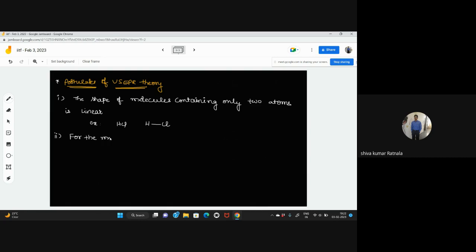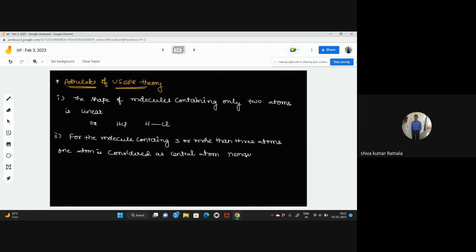For a molecule containing three or more than three atoms, one atom is considered the central atom, and the remaining atoms are linked to the central atom.